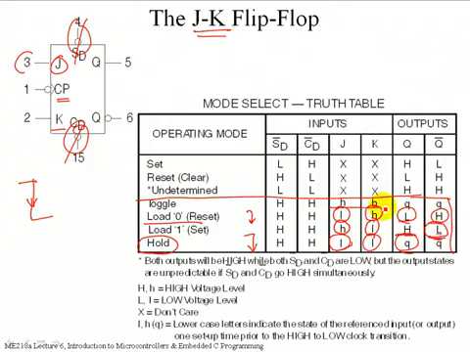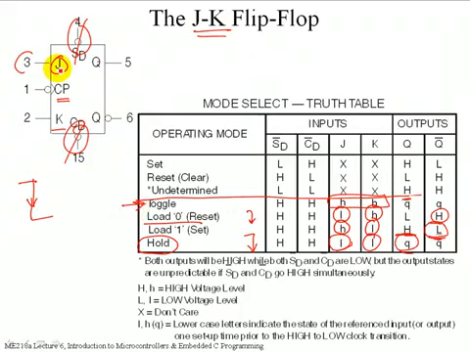And if I bring them both up high, I get, okay, so this becomes Q bar and that becomes Q. So this is the same with both inputs to the J and K tied high. We've got the same functionality that we had with the D type when we wrapped the Q bar around to the D. So it becomes a toggle flip-flop.